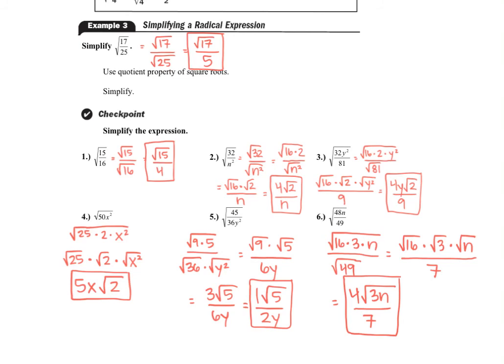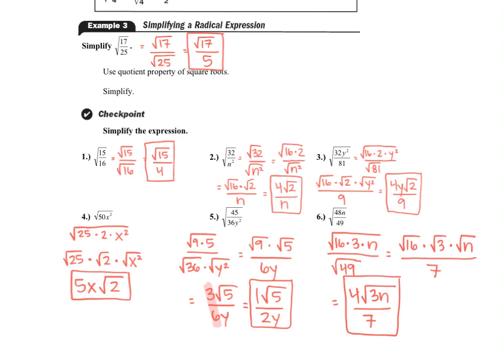And then on the bottom, I had 36y squared, so I split that into the square root of 36 and the square root of y squared. Well, on the top, I got 3 times the square root of 5. On the bottom, I got 6y, because the square root of 36 is 6 and the square root of y squared is y.